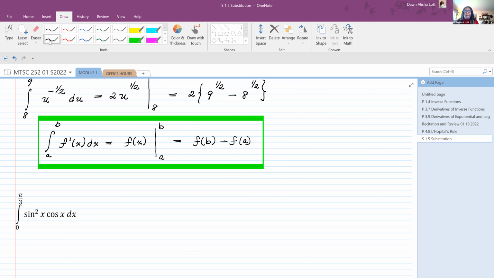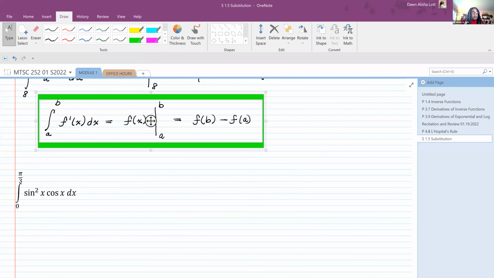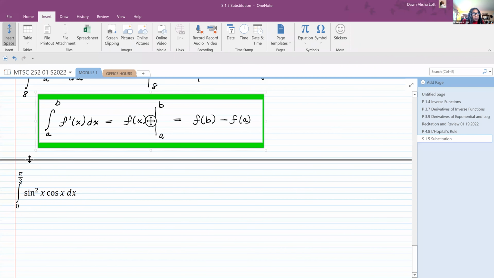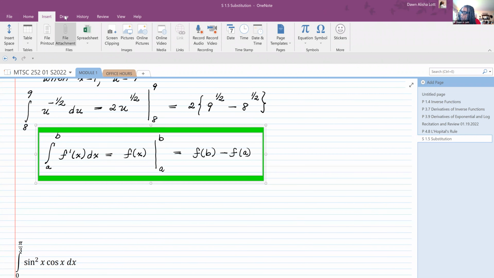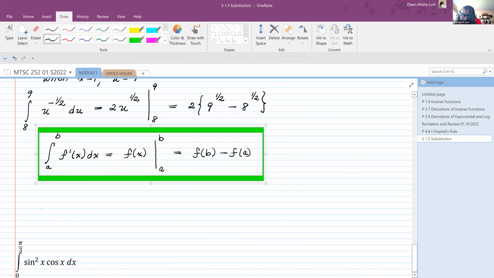Okay. All right, so we're almost done. So the answer becomes 2 times 9 to the 1/2, which is the square root of 9, minus the square root of 8.